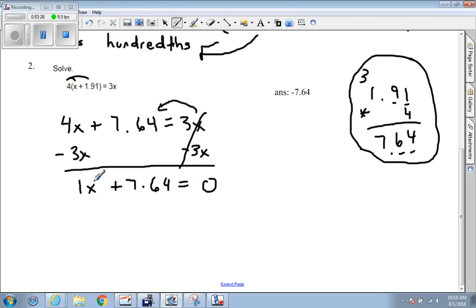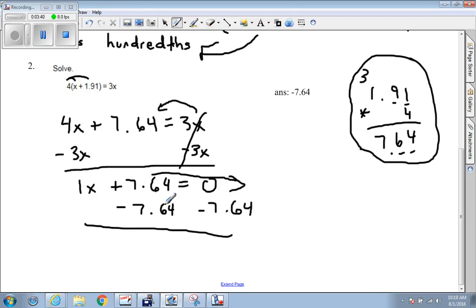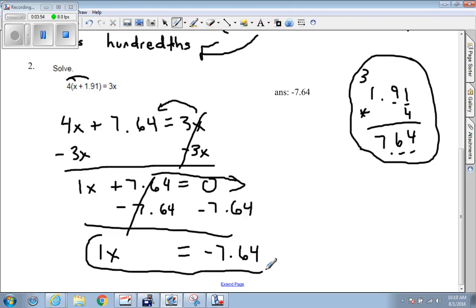But now, letter, number, I need to chuck 7.64 across the equal sign, but I can't just do that. I have to negate it. The addition property of equality says I'm going to subtract 7.64 from both sides of the equation. So now I have 1x equals 0 minus 7.64, which is negative 7.64, and voila! x equals negative 7.64, which is the final answer.